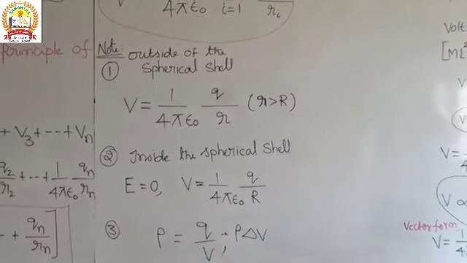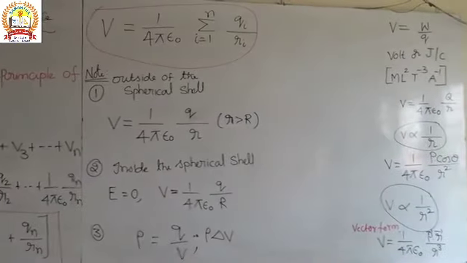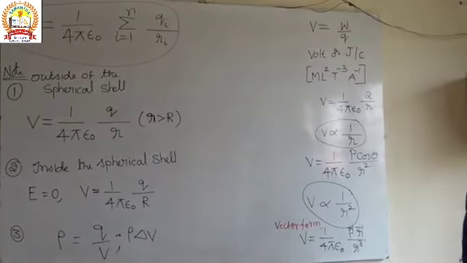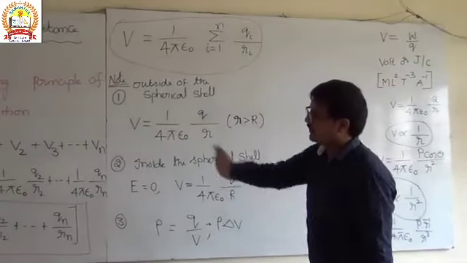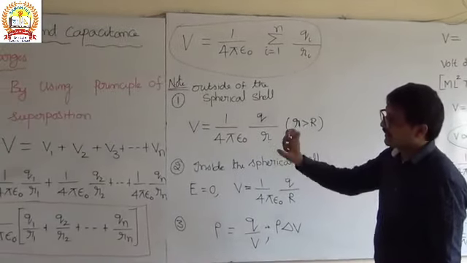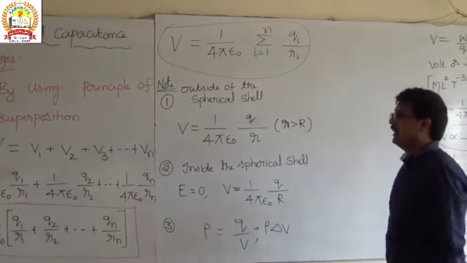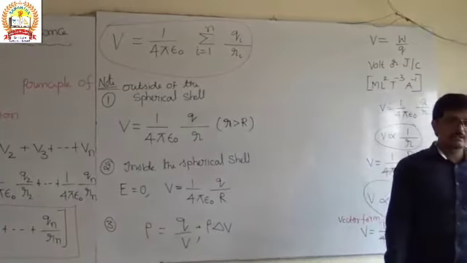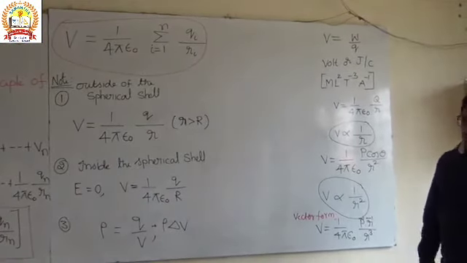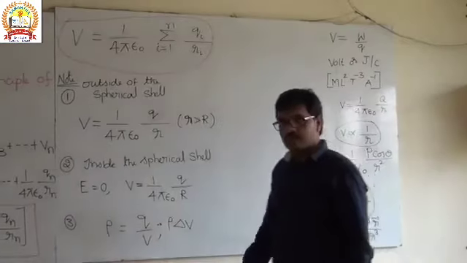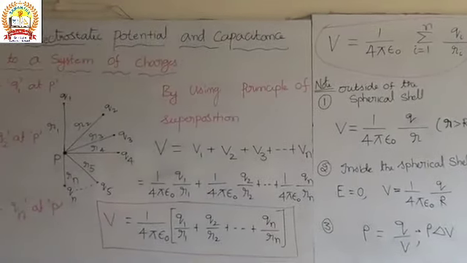Okay, so this is about the potential due to a system of charges, and by seeing the diagram we can calculate the potential. The next concept is about the equipotential surface, which we will see next.